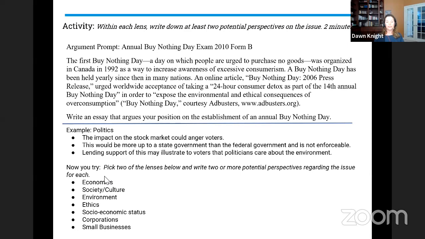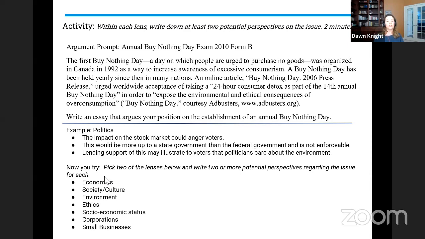And now, like we did yesterday, I want you to think about the tensions within the perspectives or across perspectives. So, in other words, where is there disagreement? You may have one political perspective that tends to support the idea of the Buy Nothing Day, but then you might have another perspective, even in that political lens, that doesn't support the Buy Nothing Day.